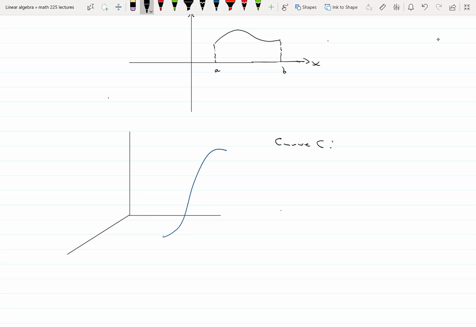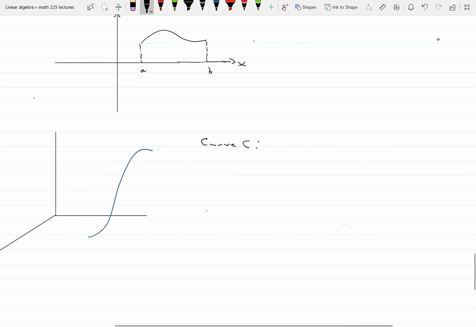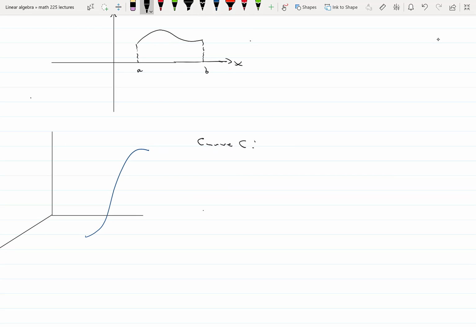I'm going to use some terminology that's not going to be too important for us to get real rigorous about, but I'll explain what I'm talking about. Let C be a smooth curve given by some position vector function r of t, for t between a and b.